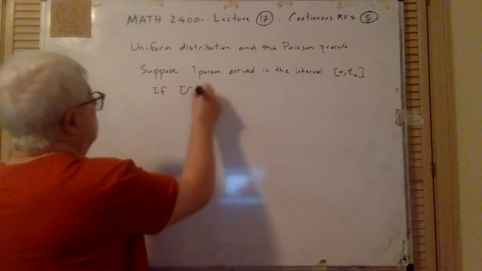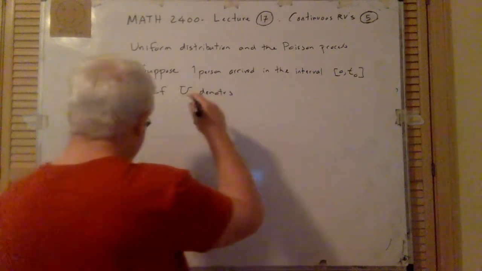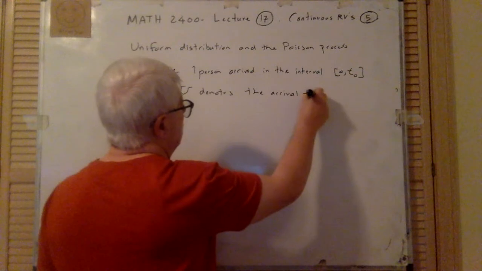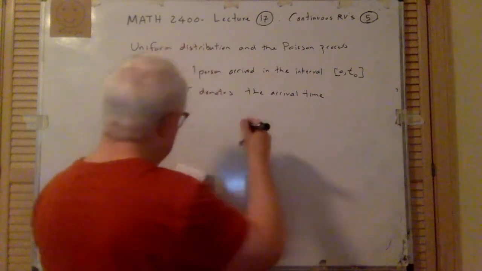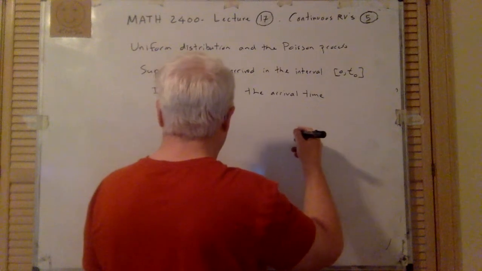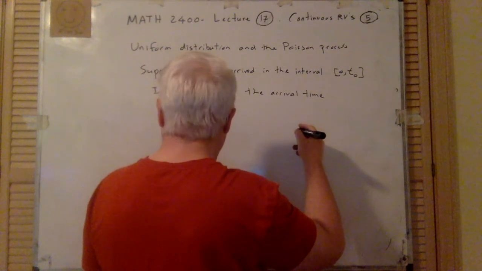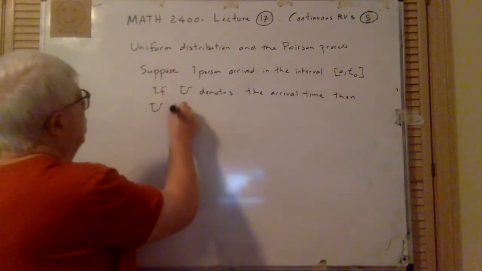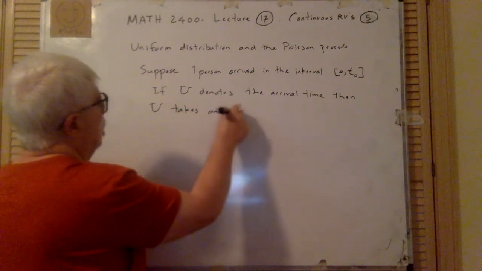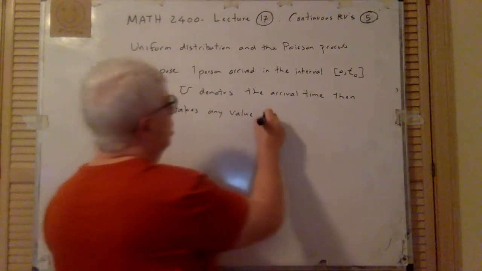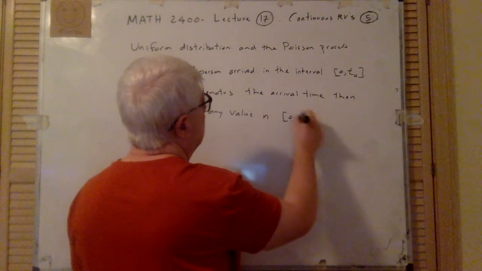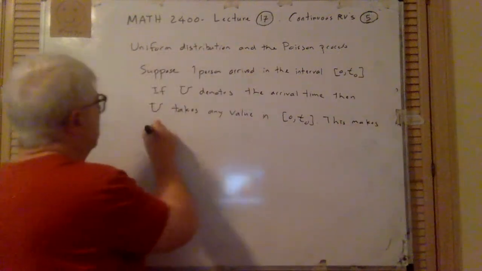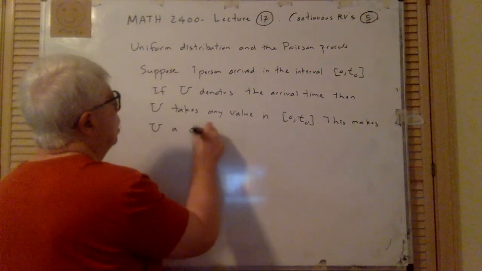If U denotes the arrival time, then U takes any value in 0 to t0, right? This makes U a continuous random variable.